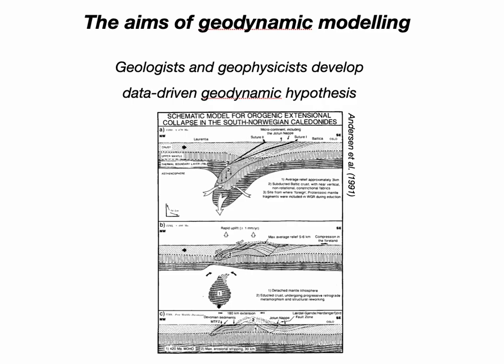What is nice with geological and geophysical observation and models is that one can derive data-driven geodynamic hypotheses. Here I'm going to take an example which I like very much. It's a conceptual model which was proposed back in 1991 to explain how the Norwegian Caledonides have evolved with time.